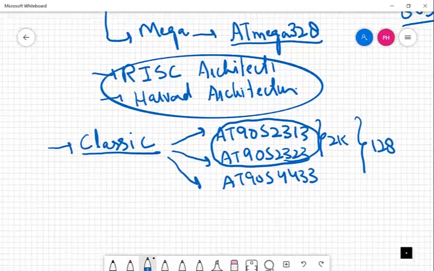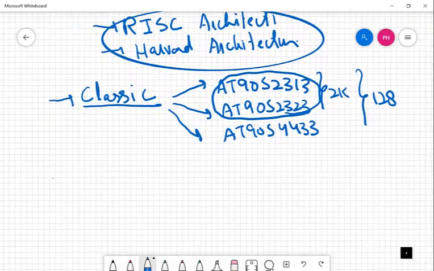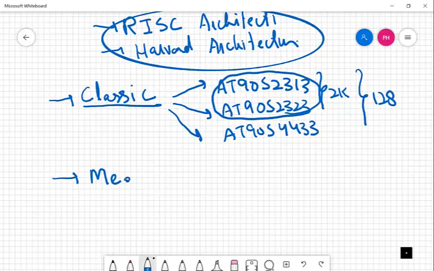And then we have the next family, that's the one mostly used, that's Mega AVR, and the general name here will be Atmega and then some number, and these are more powerful than Classic.